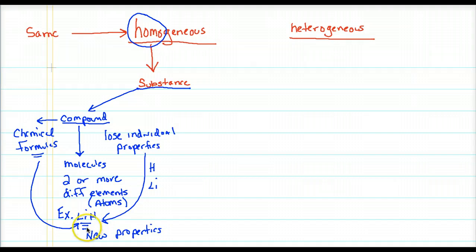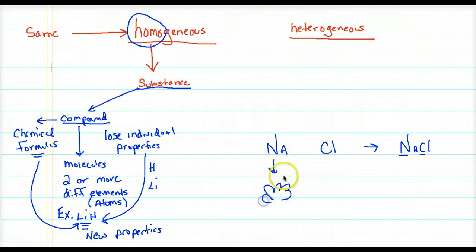Case in point, an example over here, if I have the element sodium and the element chlorine, when they bond, they make sodium chloride. This is table salt. Notice 2 different capital letters. Now, sodium is explosive in water. And chlorine is a toxic gas. Mustard gas in World War I predominantly was chlorine, the main ingredient.